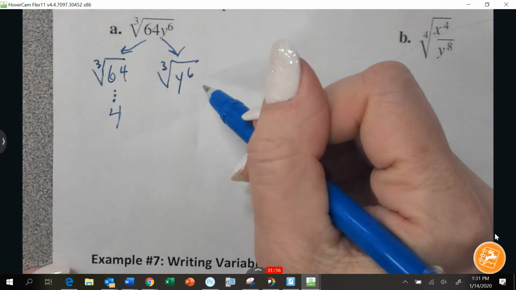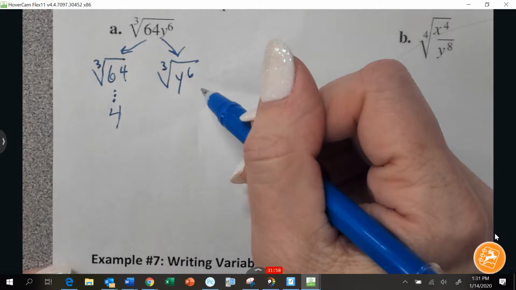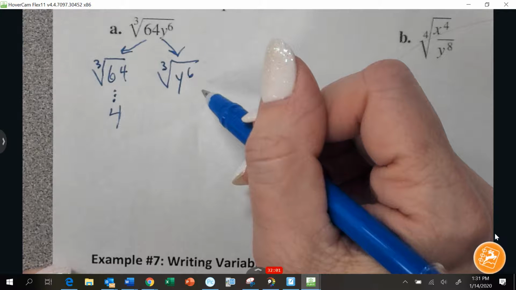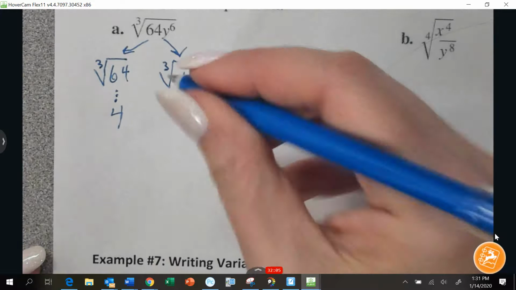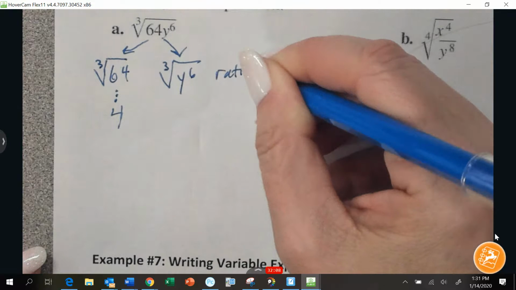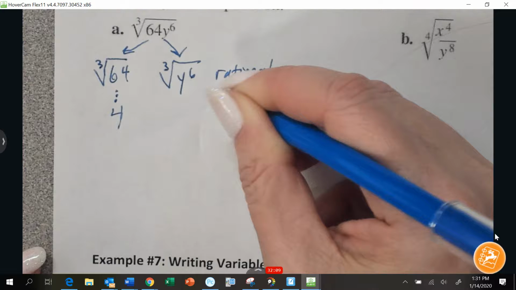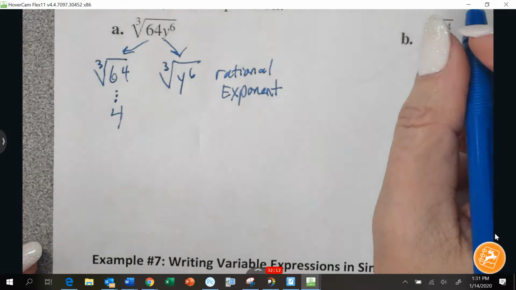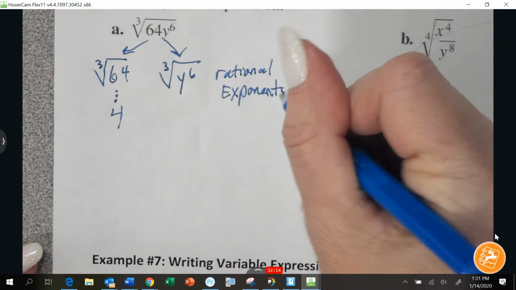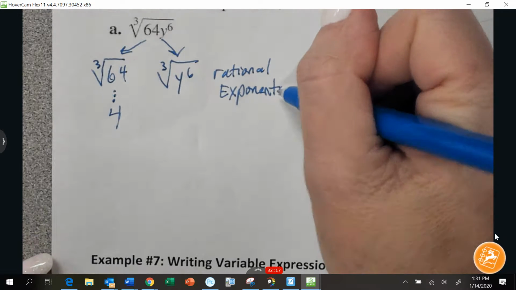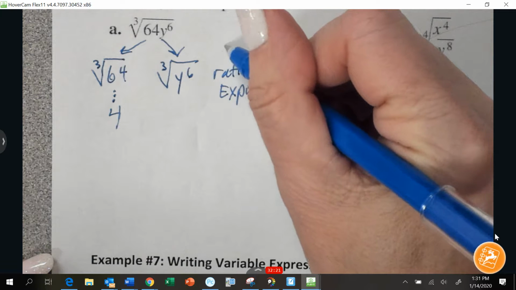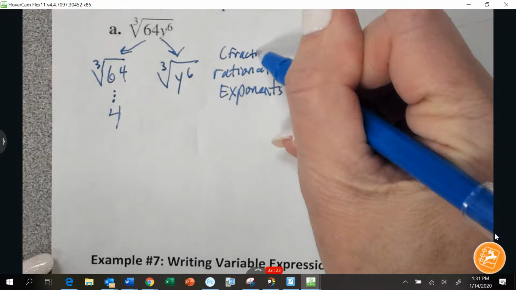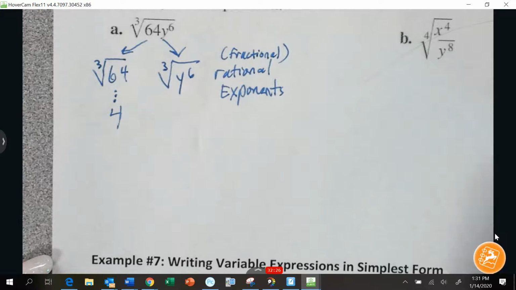Now this gets a little bit more complicated. There's different ways we could do this. I'll show you how I do it. I like to change it into rational exponents. If you don't remember what rational exponents are, hint, there's an exponent. Rational means ratio or fractional exponents. Rational and fractional, they mean the same thing.